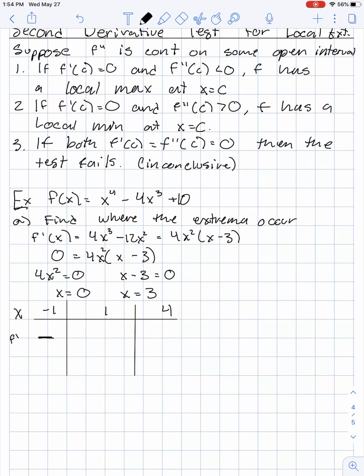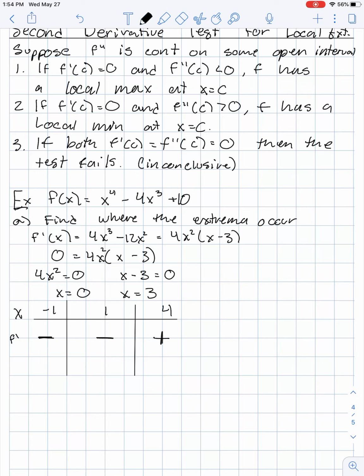I plug in 1, 1 minus 3 is -2, that's also going to give me a negative number. And then 4, I'll get 4 minus 3, which is positive, times a positive number. It's going to stay positive. All right, so we're increasing and then increasing. Oh, wait, backwards, sorry.